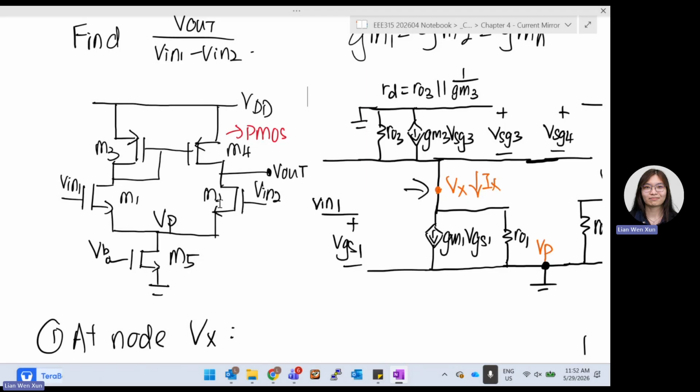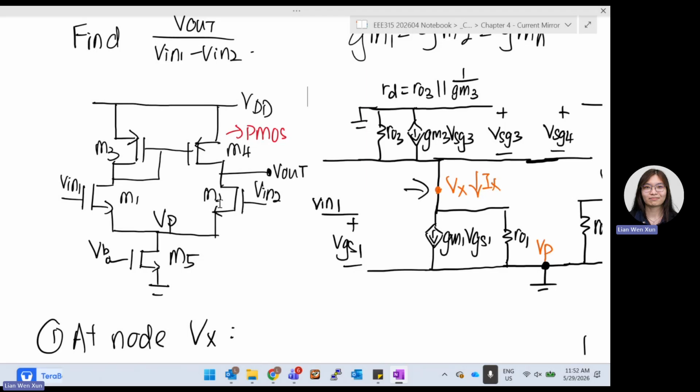All the currents add up to 0. And what exactly is your VSG4? The source is 0, the gate is your VX, so VSG4 is negative VX. And then from here, you can do all the maths already. So this is your equation number 2.